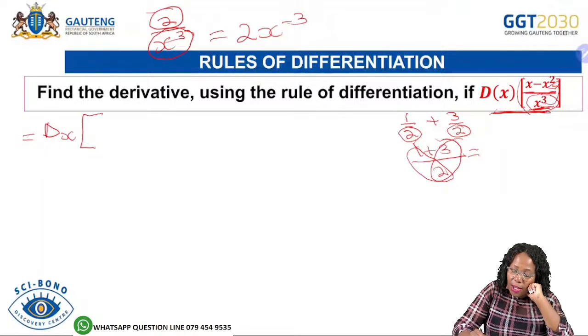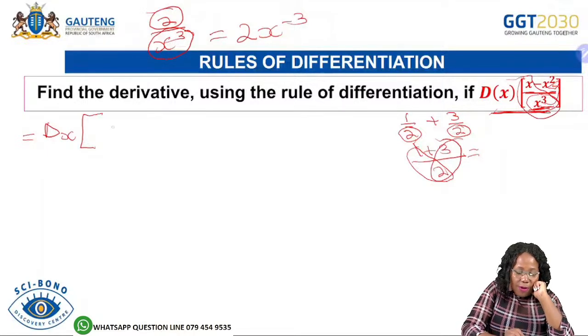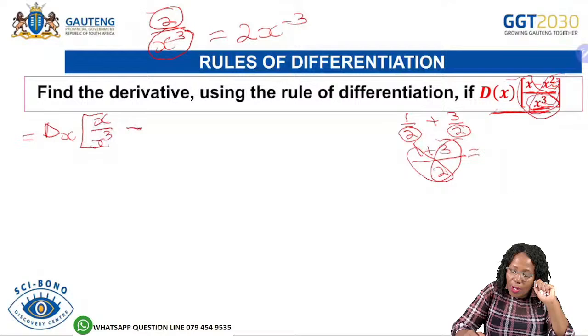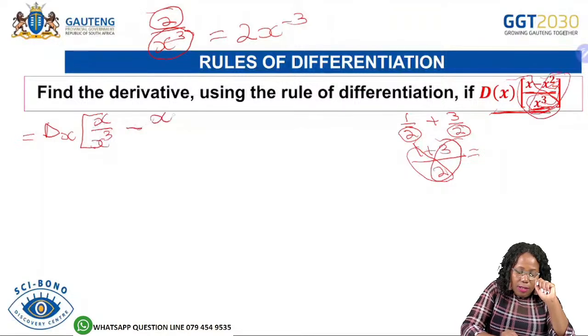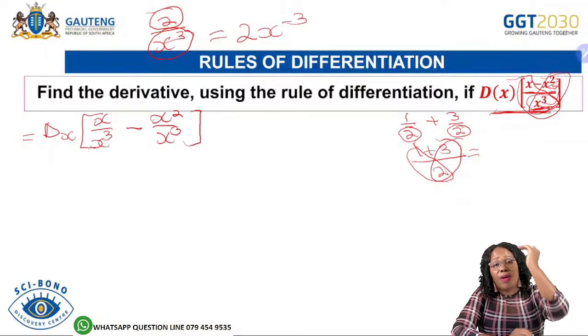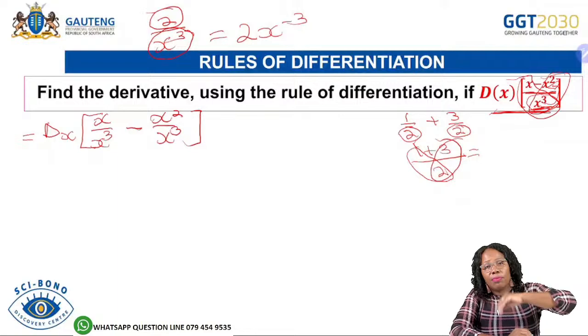I am going to apply that principle in this fraction that we are having. So we are going to have x over x to the power 3 minus x squared over x to the power 3. Can you see, grade 12? We now have 1 term on top, 1 term below.